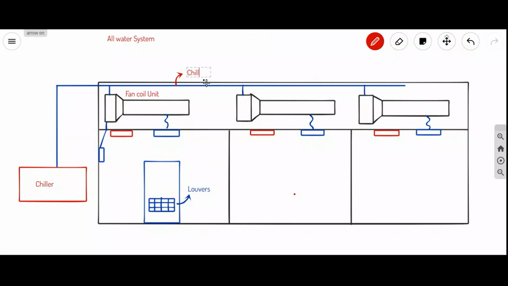Chilled water piping. Return terminal. Terminal.